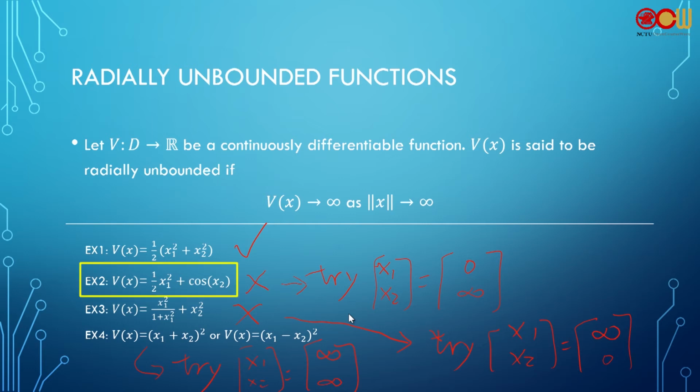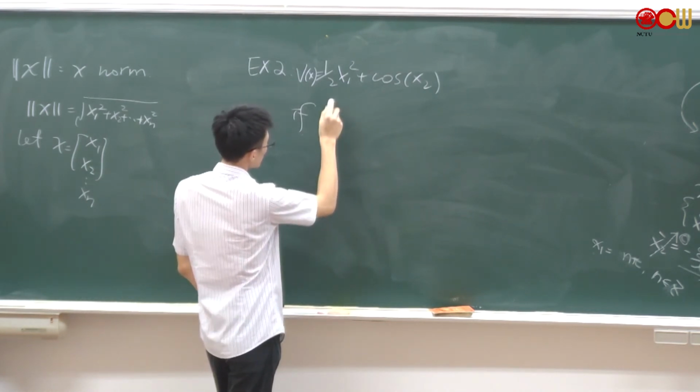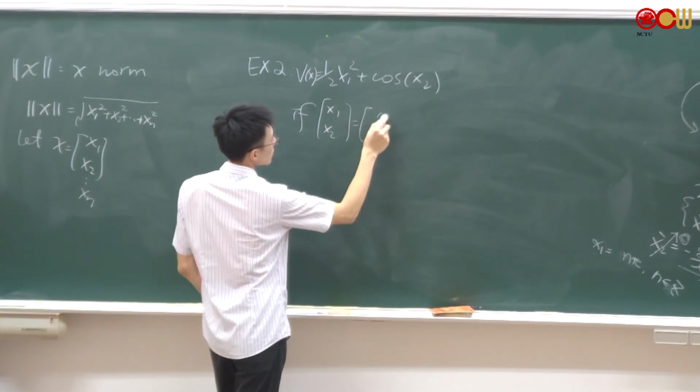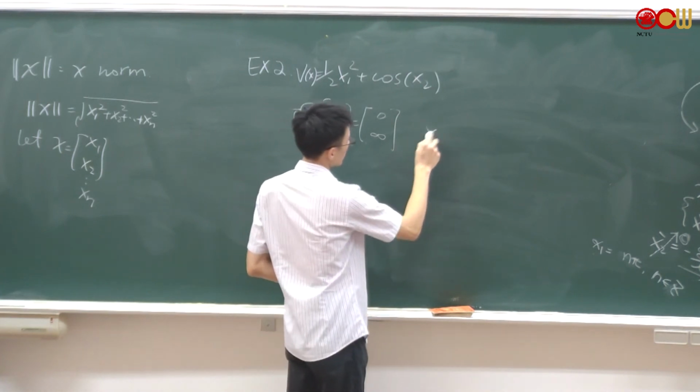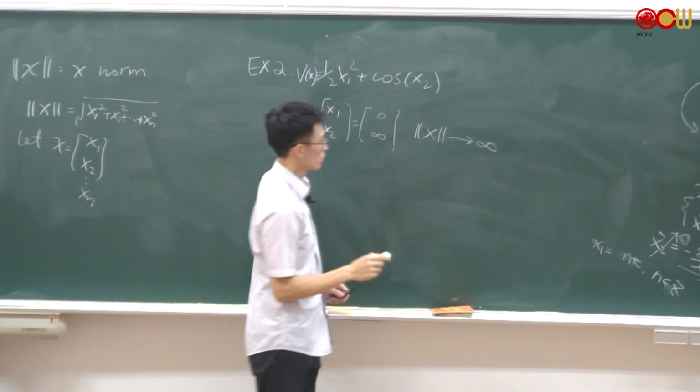How about example 2? If x norm goes to infinity, will v go to infinity? Not really, because cosine is bounded by 1. If you try x1, x2 as 0 and infinity, what is x norm? X norm will go to infinity.